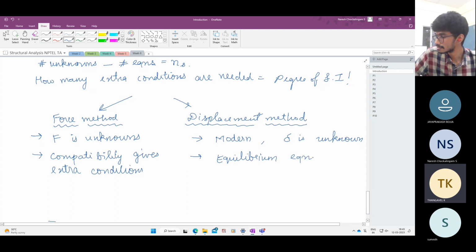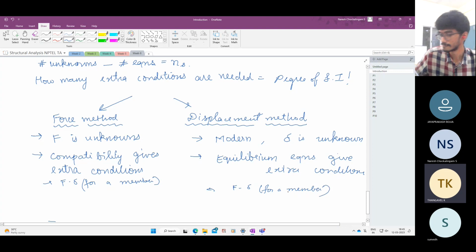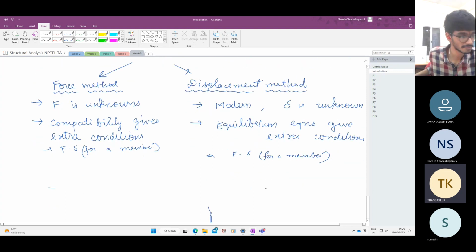Equilibrium equations give extra conditions. Of course, in both cases, we need force displacement relations. So here also we need force displacement relations for a member. That is needed in both cases. Then what else?